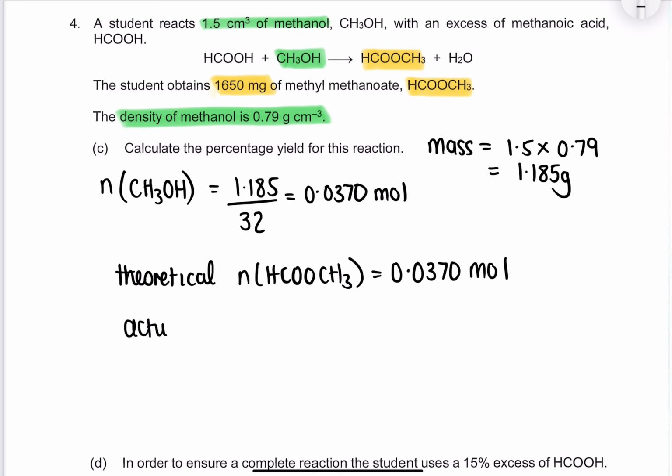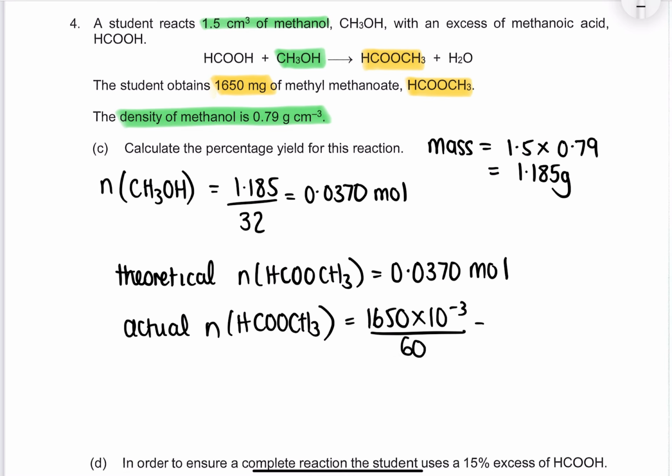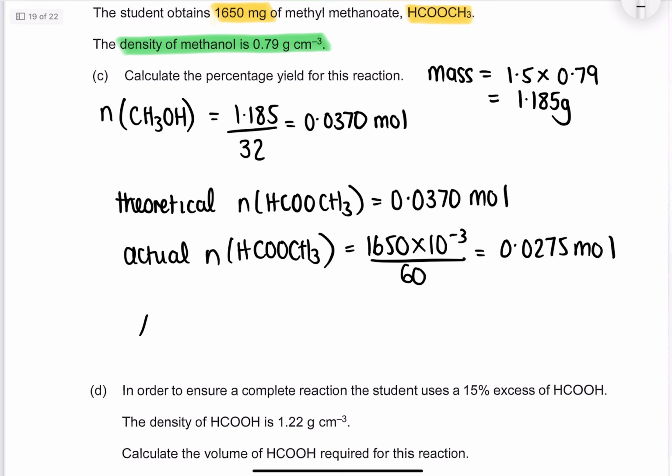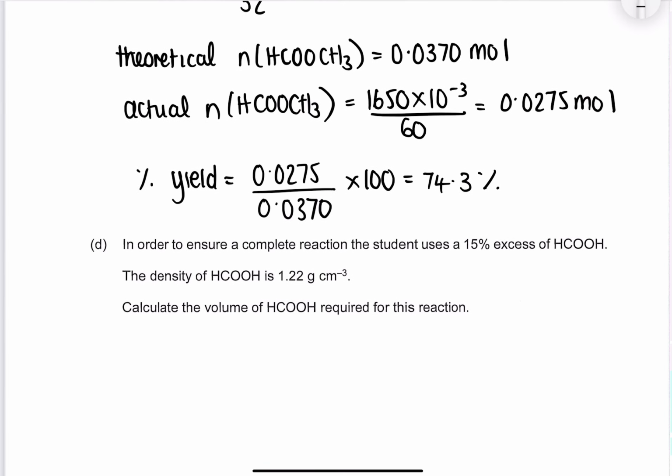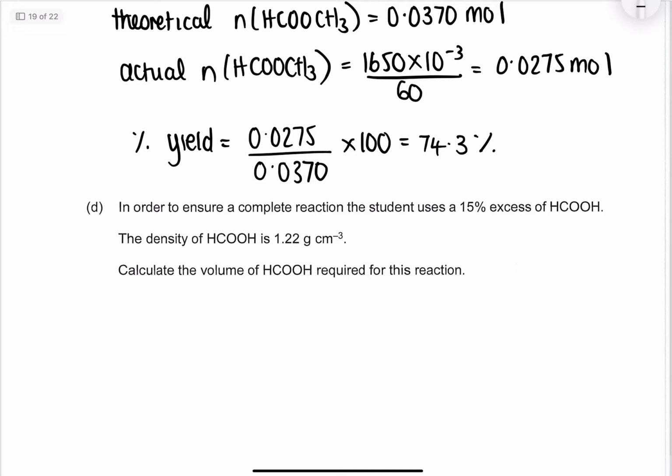Our actual moles is mass, again, we've got this in milligrams, over Mr. So we need to add up the Mr. And then we're going to calculate the percentage yield by doing actual over theoretical times 100%. And we're getting 74.3%.